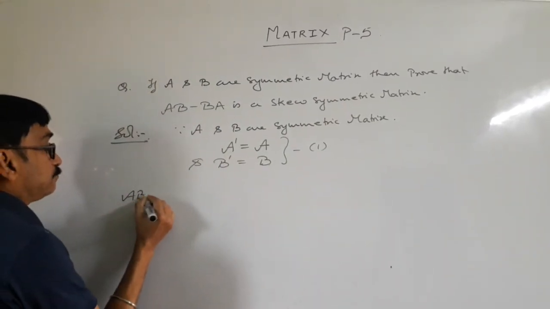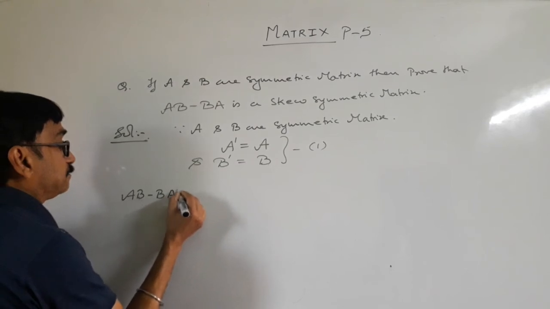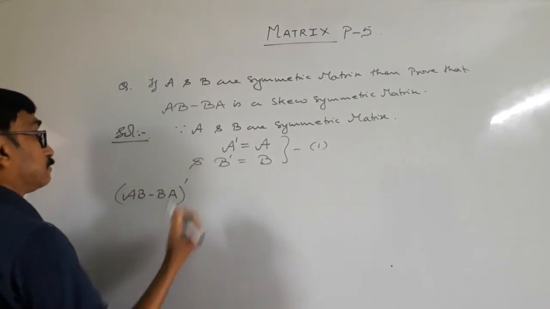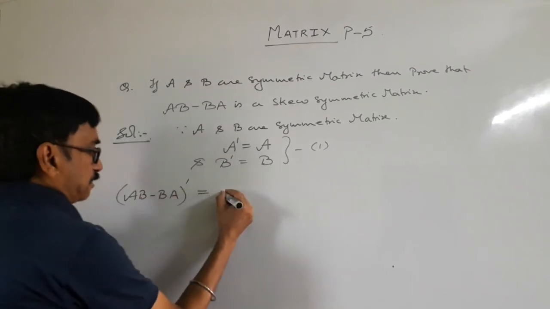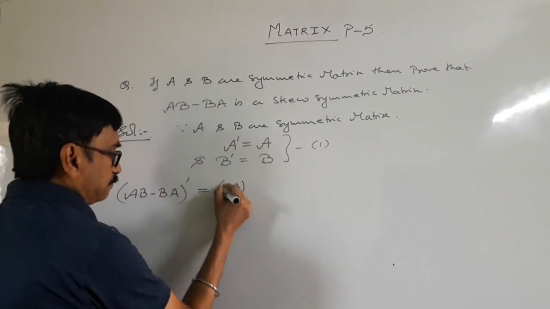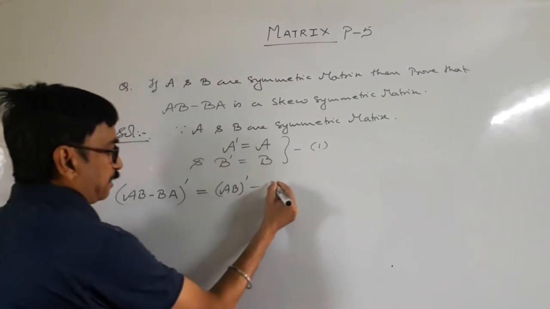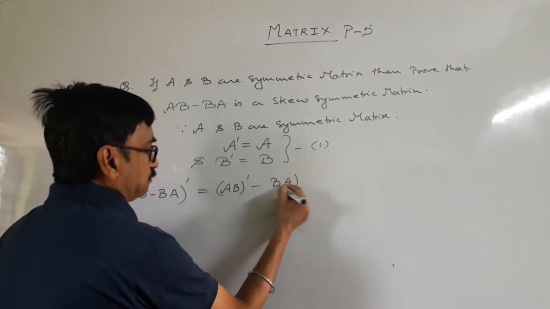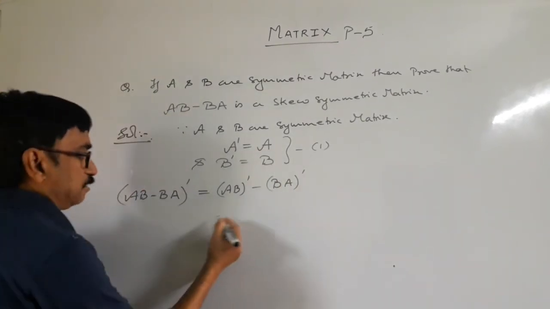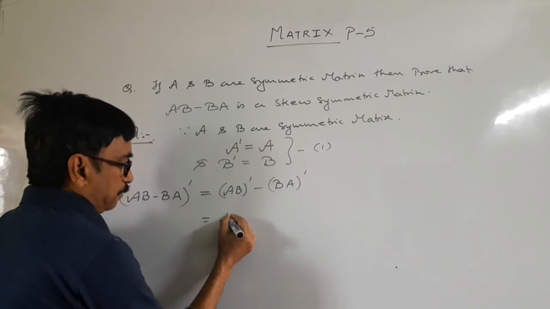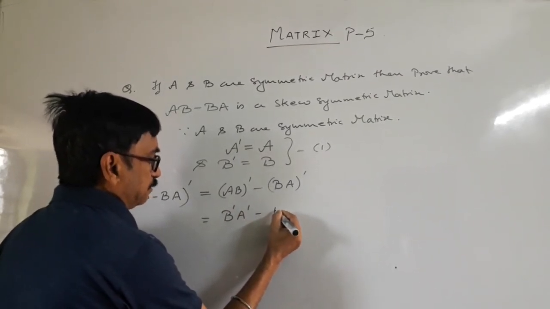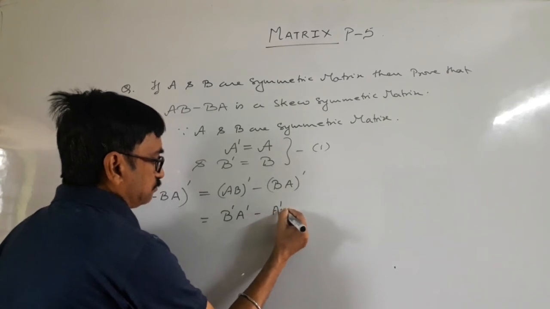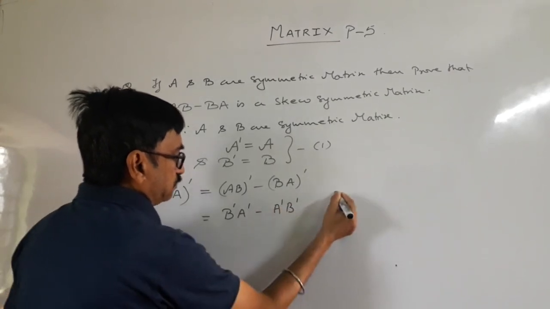Now AB minus BA का transpose, as I told, AB transpose minus BA transpose equals B dash A dash minus A dash B dash.